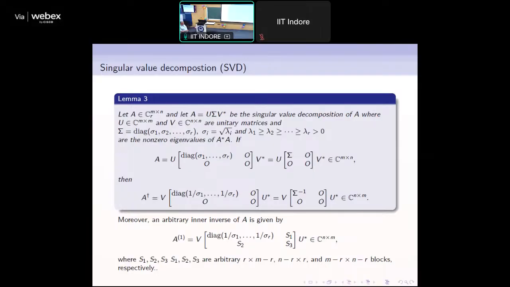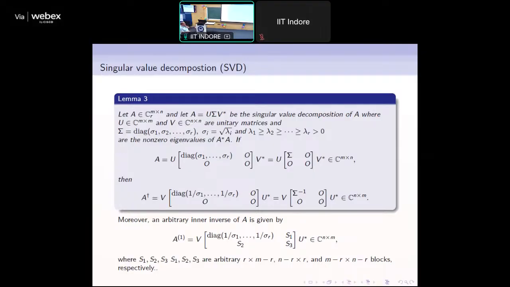An arbitrary matrix can be represented as a product of two unitary matrices, U and V, and one particular matrix made of a diagonal matrix and 3 zero blocks.